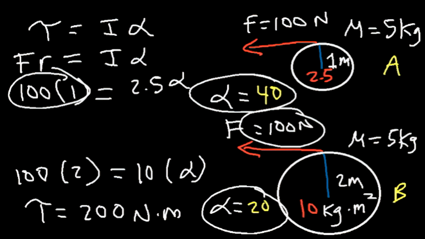Now there's some other concepts that we need to go over too. For example, work is equal to force times displacement. Now what is the rotational equivalent of force? The rotational equivalent of force is torque. And the rotational equivalent of distance or displacement is angular displacement.